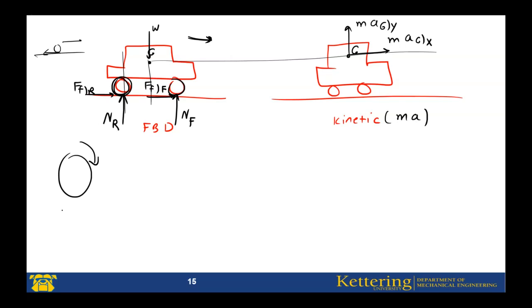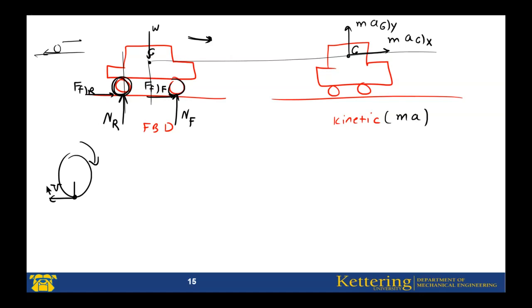When they rotate, at the contact point this is the velocity vector toward the left, which means the frictional force will be opposite. This is the point of this problem. Now, for the rigid body, because it has a size, this one is rotating.